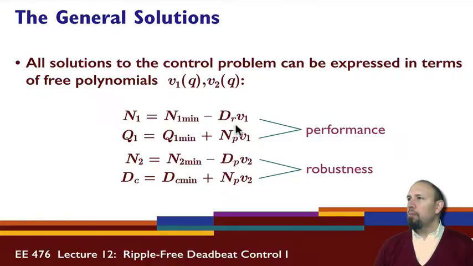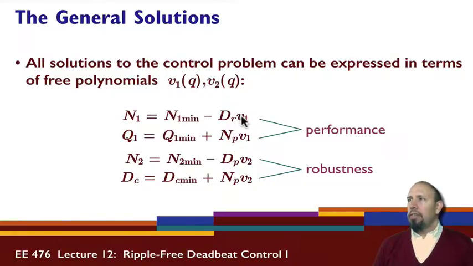These two terms depend on the unknown v1, and this depends on v2. Any polynomials v1 and v2 in these equations will still allow the Diophantine equations to have their solution. It doesn't matter what these are, we automatically get a solution. So this shows that we have an infinite number of solutions.